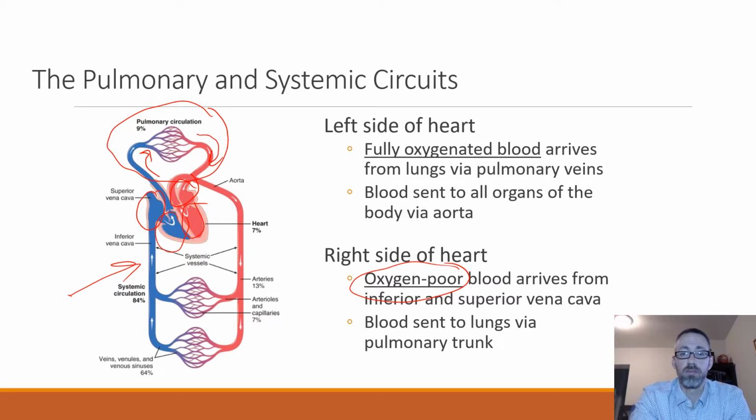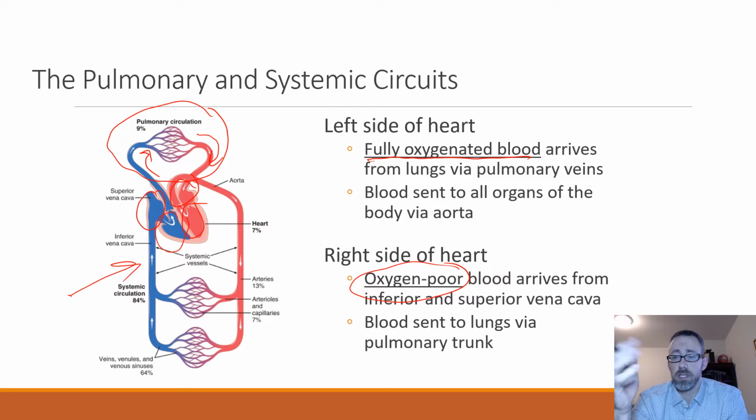So we call this, under normal circumstances, fully oxygenated blood. And then from the left ventricle, that's going to pump it out into the systemic circuit. The systemic circuit consists of the first branch, or the first artery, which is the aorta. And then that's going to branch many, many times into smaller arteries, into arterioles, and then into capillaries.